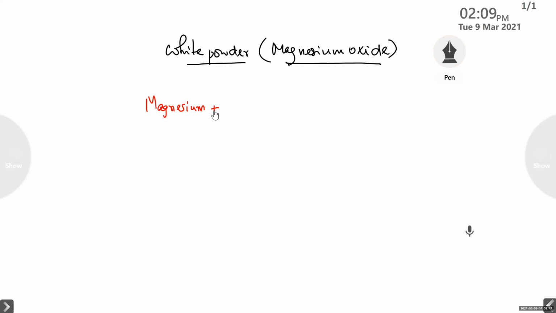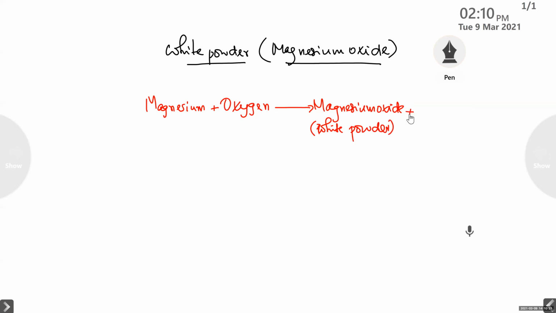In air there is oxygen. So magnesium combines with oxygen. That is the chemical reaction. So magnesium plus oxygen giving magnesium oxide. And that is the white powder. The white powder is magnesium oxide.